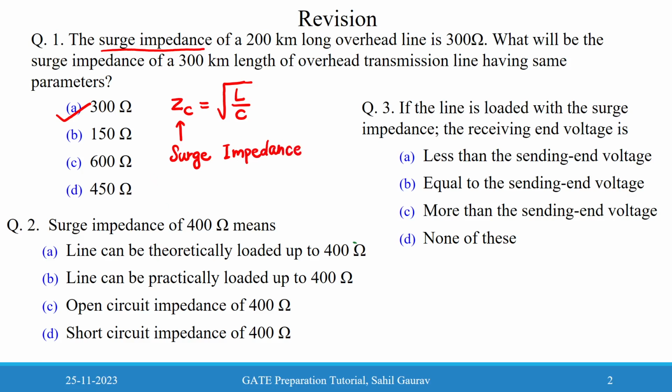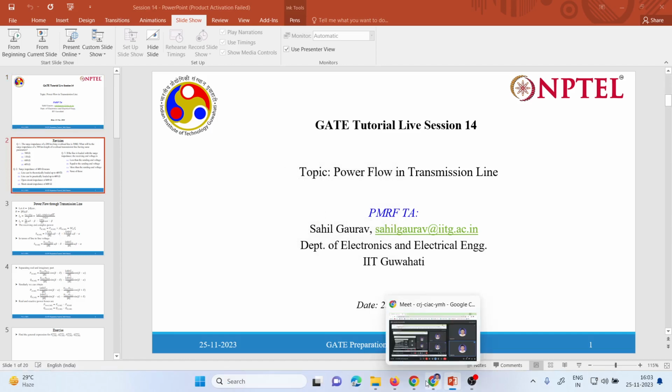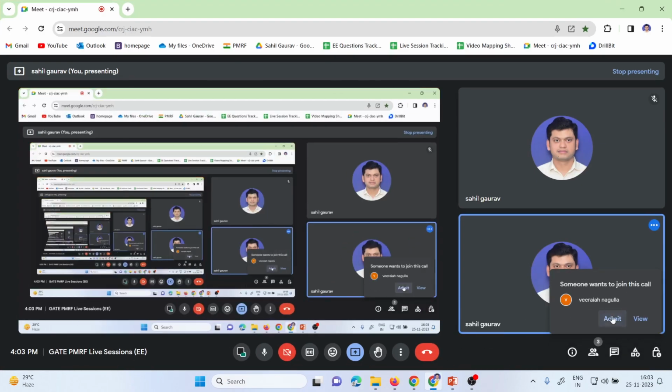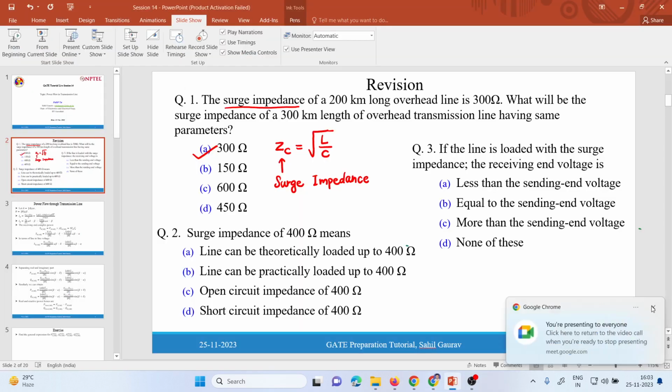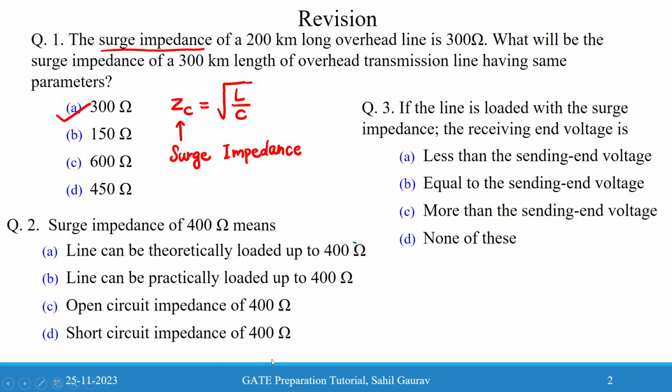Now the second problem based on surge impedance is: the surge impedance of 400 ohm means, and the options are: the first option is that line can be theoretically loaded up to 400 ohm, the second option is that line can be practically loaded up to 400 ohm, the third option is open circuit impedance of 400 ohm, and D option is short circuit impedance of 400 ohm.